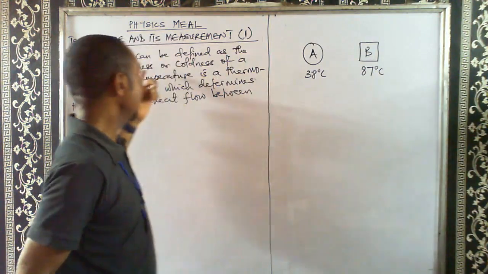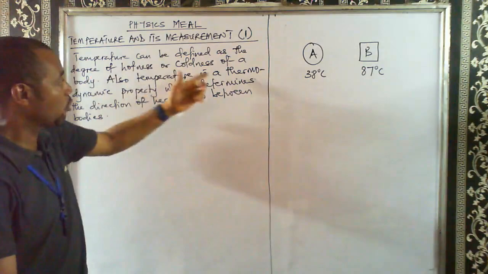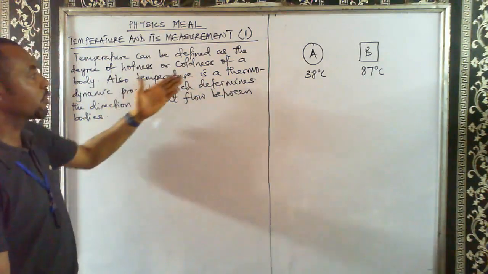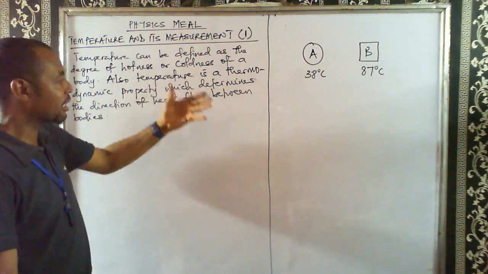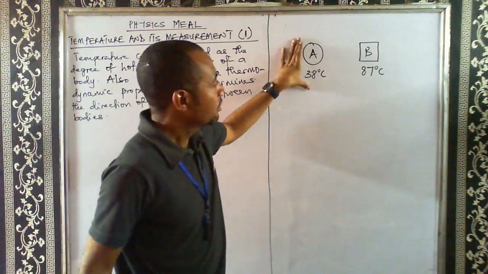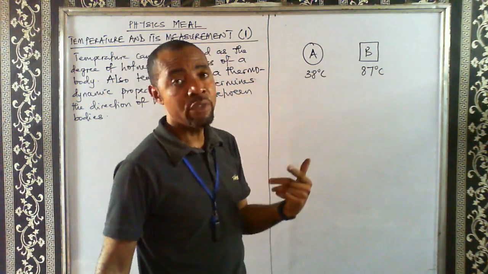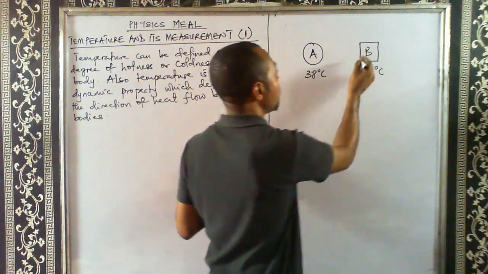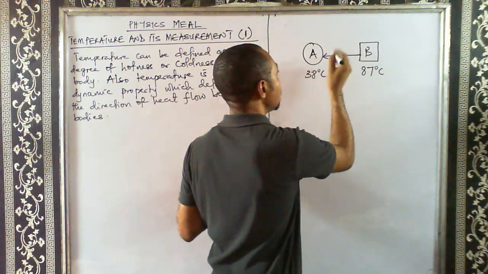Remember, we have said that temperature is degree of hotness or coldness of a body. We also said that temperature is a thermodynamic property which determines the direction of heat flow. Now, here, in which direction will heat flow? Heat will flow from B to A.